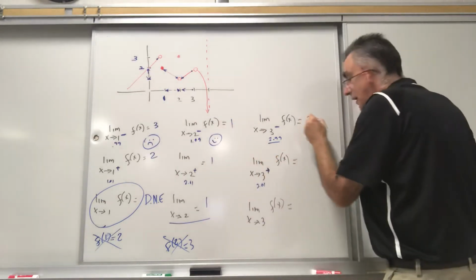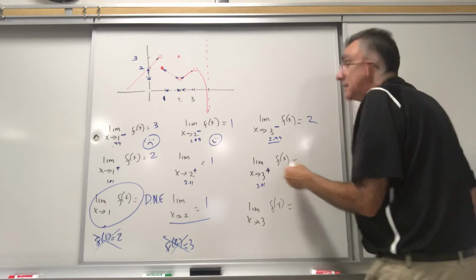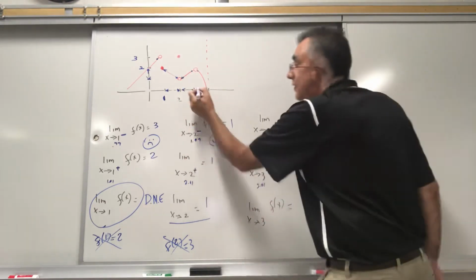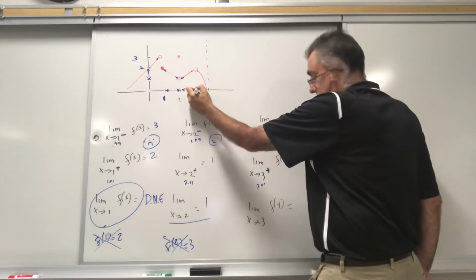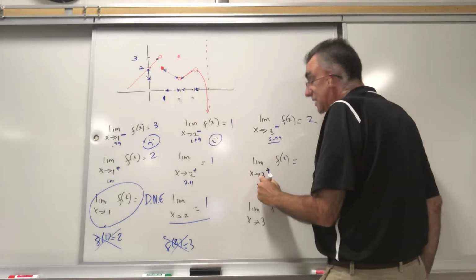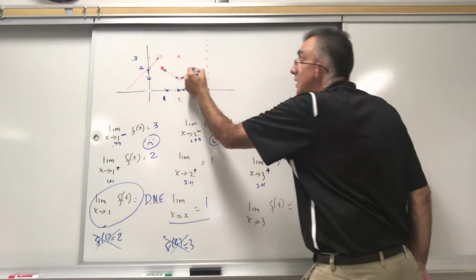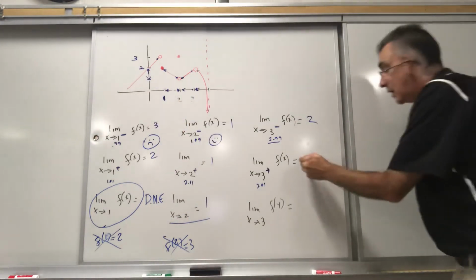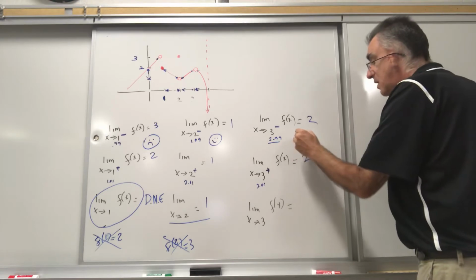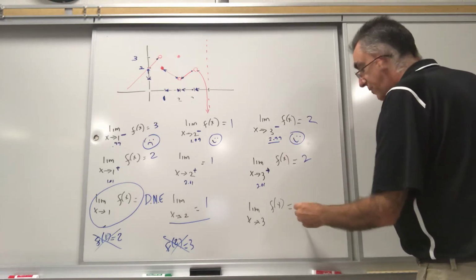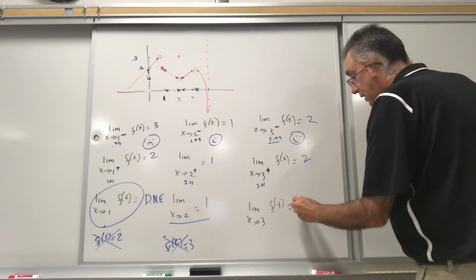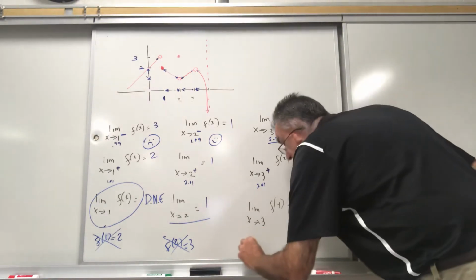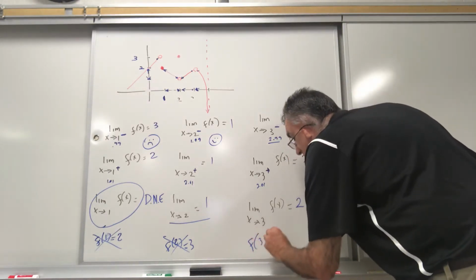And then on the other side, if I pick a number really close to 3 on the x line and go up here, it's just going to get back to a number that's really close to 2. Oh, these are the same. Happy face. Okay, so that's 2. Now, what would the function value at 3 be? Undefined.